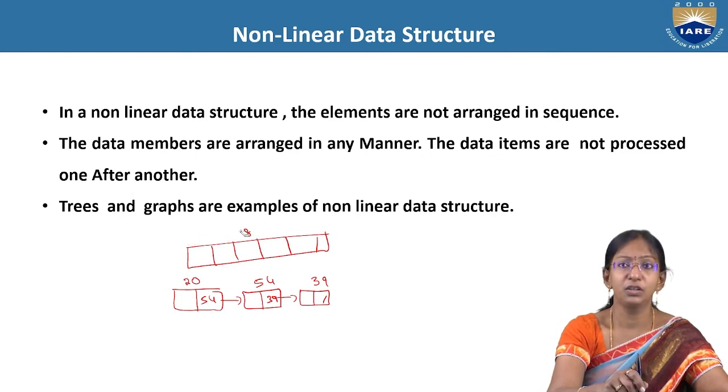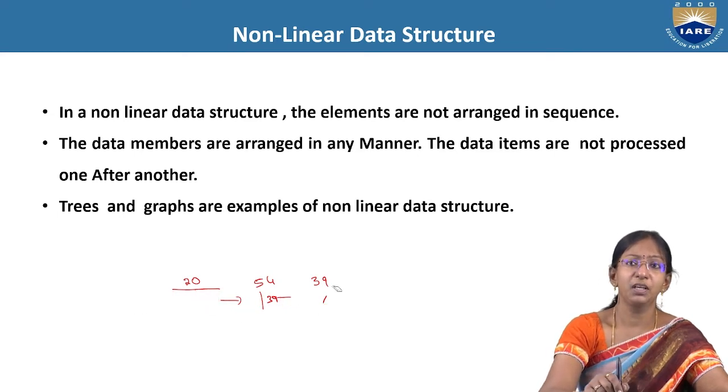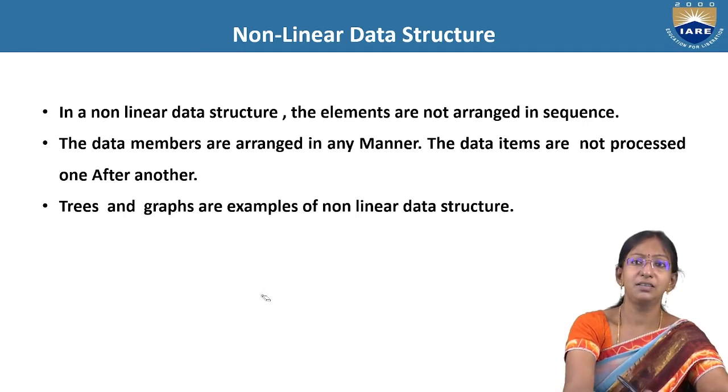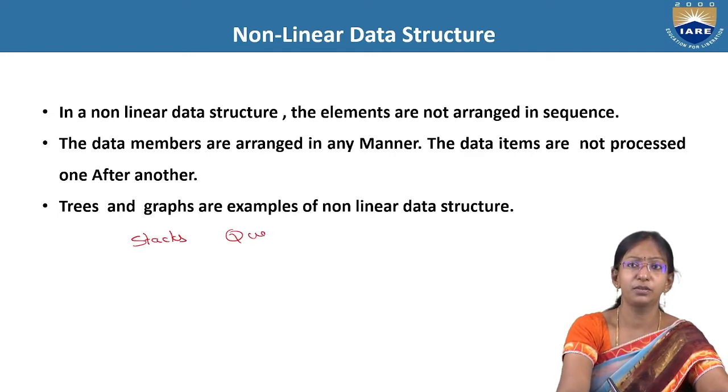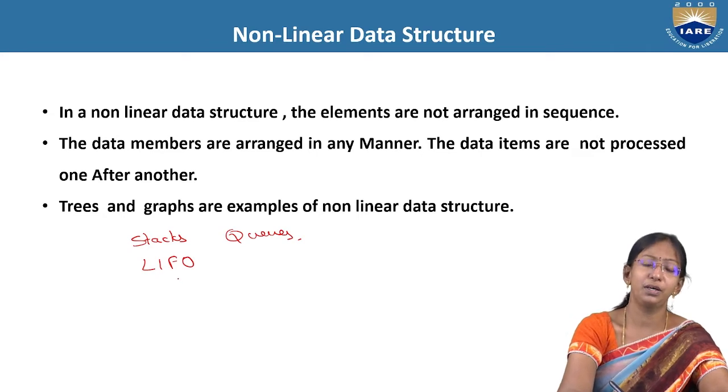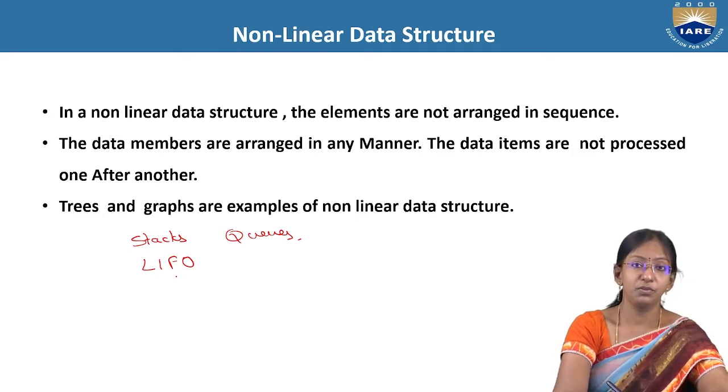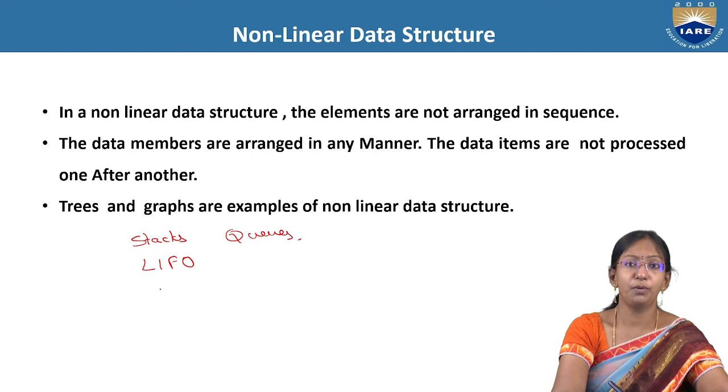And structures: you can have linear and non-linear. The prominently known linear structures are stacks and queues. Stacks follow last in, first out, because you put a constraint that you either push or pop the element only from one end.